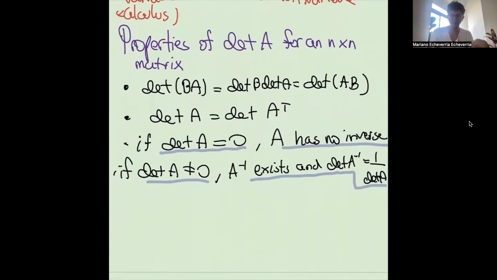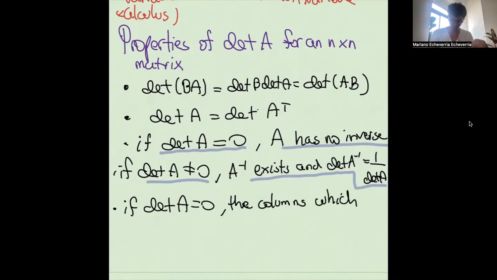And this is also related to the inverse property. If the determinant of A is 0, that means that the columns which make up the matrix are linearly dependent.